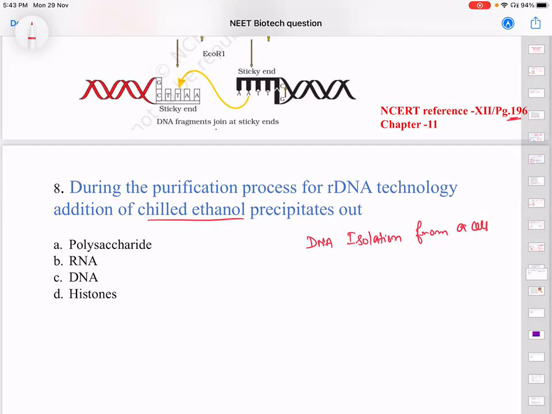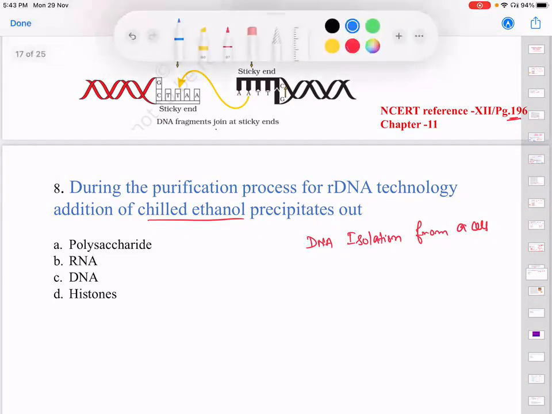You have a cell from which I'm going to isolate DNA. So what can the cell be? It can be any cell with one condition: the cell should be nucleated. Enucleated cells, the cells from which the nucleus is removed or in which the nucleus is not there, you cannot use here because without a nucleus they don't have DNA.